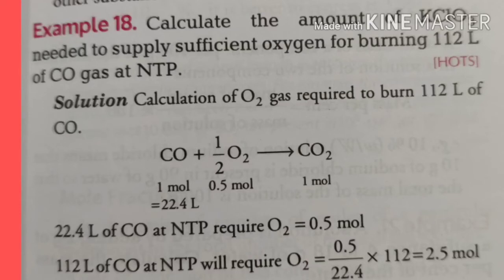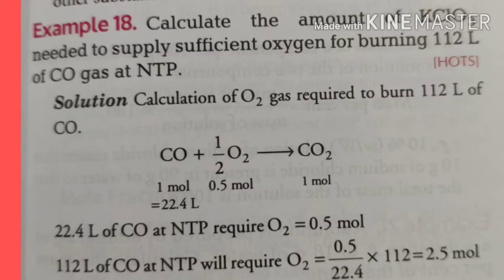So we can do the calculation. 22.4 liter of carbon monoxide requires 0.5 mole, and 112 liter of carbon monoxide at NTP will require oxygen equal to 0.5 upon 22.4 into 112, which is equal to 2.5 mole.